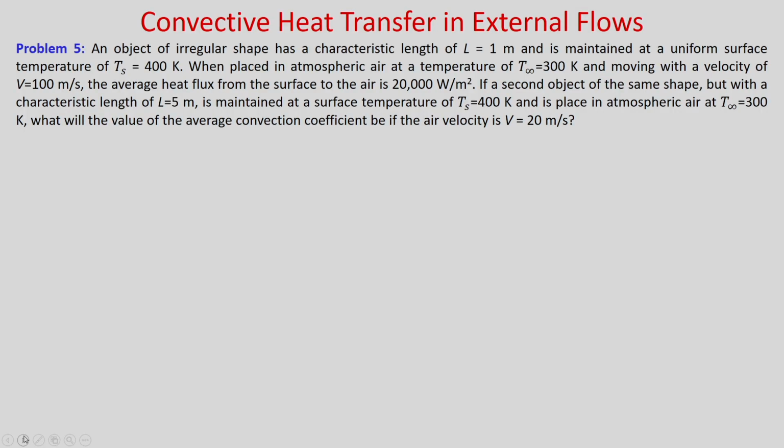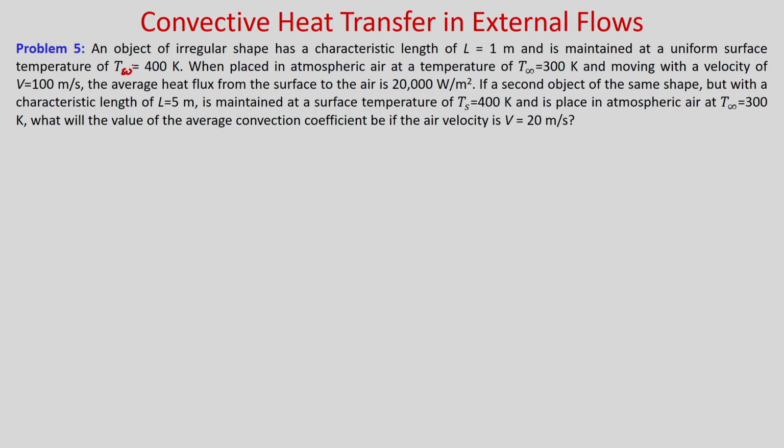An object of irregular shape has a characteristic length of 1 meter and is maintained at a uniform surface temperature of 400 Kelvin. When placed in atmospheric air at a temperature T infinity of 300 Kelvin and moving with a velocity of 100 meter per second, the average heat flux from the surface to the air is 20,000 watt per meter square.